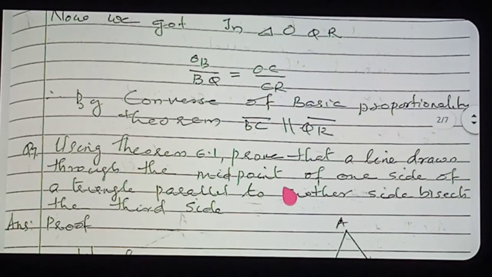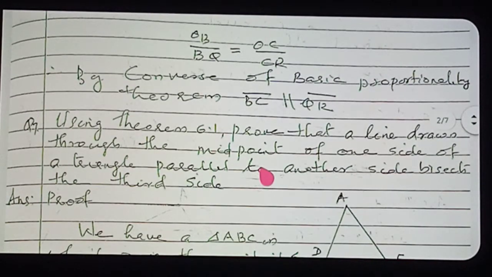Question number 7. Using theorem 6.1, prove that the line drawn through the midpoint of one side of a triangle parallel to another side bisects the third side. Here, the question once more, to make it clear.